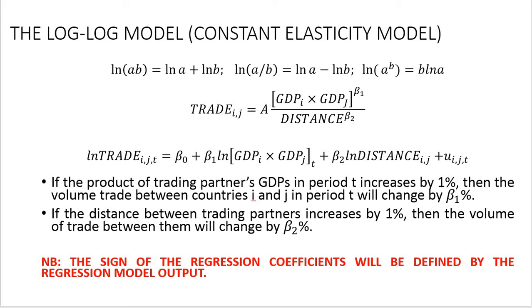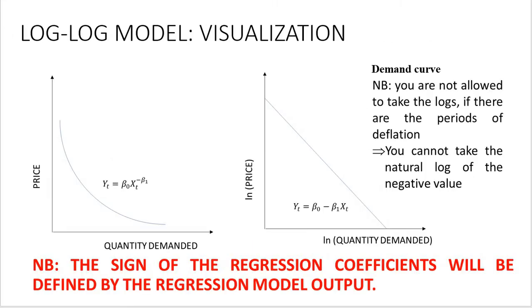Okay, so another example apart from international trade is about the demand curve. In theory, the relationship between quantity demanded and price should be represented by a convex function. This is just due to the character of typical consumer preferences.